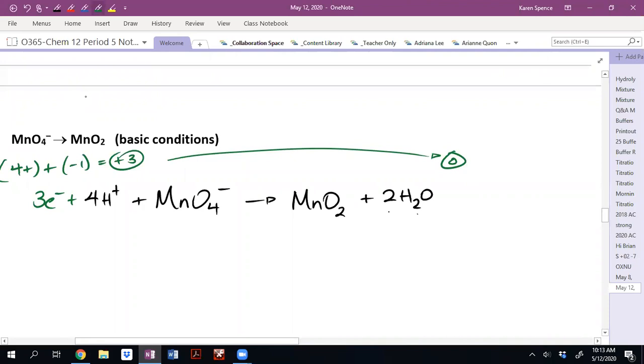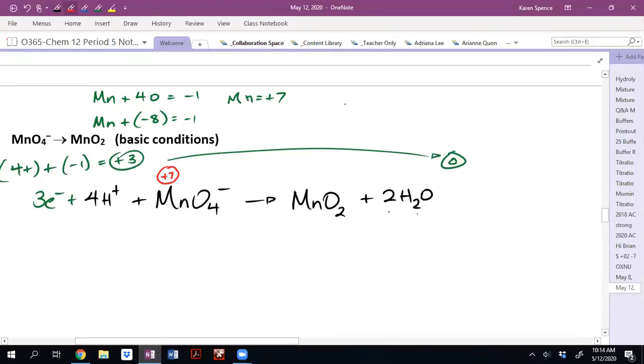So we have Mn plus 4 O's equals -1. So we have Mn plus 4 times -2 is -8 equals -1. And so we now have manganese equal to +7 on the left-hand side. It's +7.